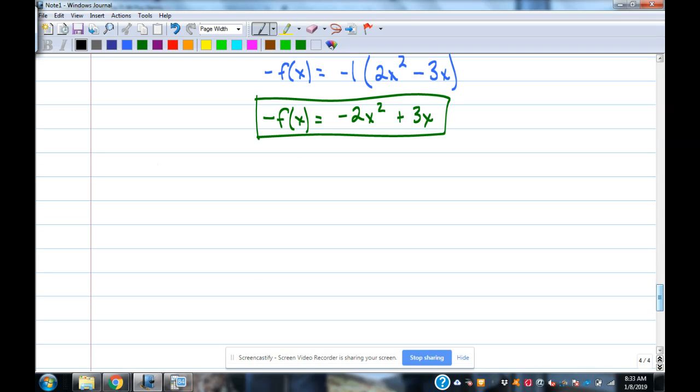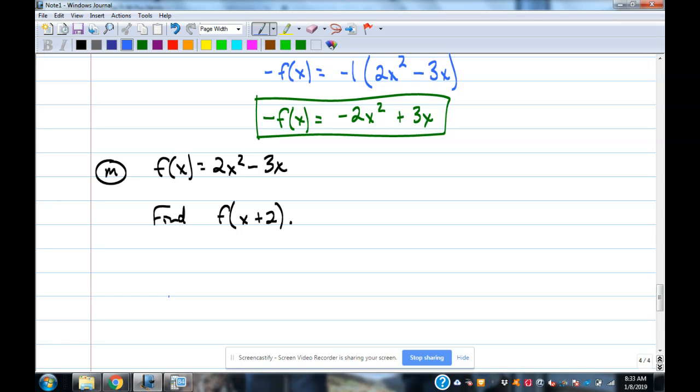All right, let's do a little algebra 1 here. Same function, f of x is equal to 2x squared minus 3x. We want to find f of x plus 2. So same game, just a little different take on it.